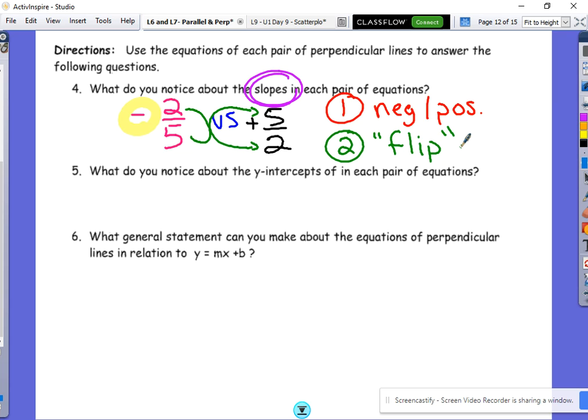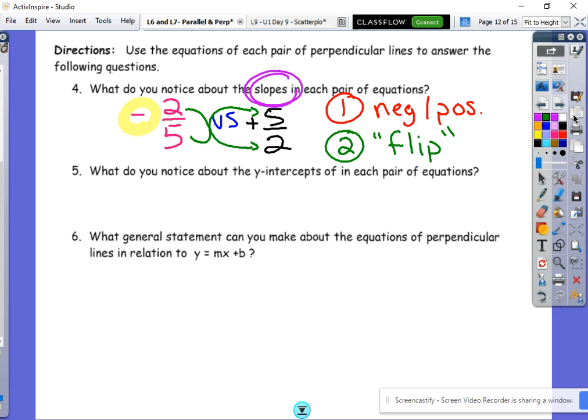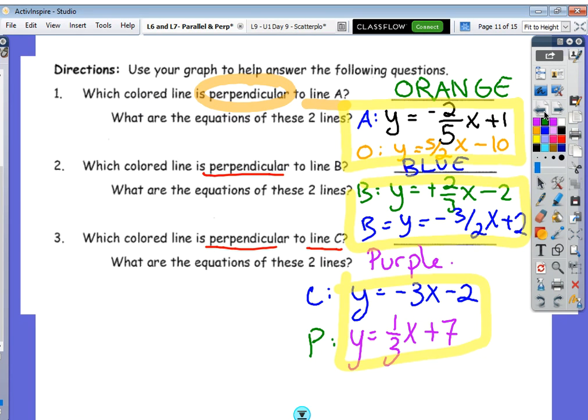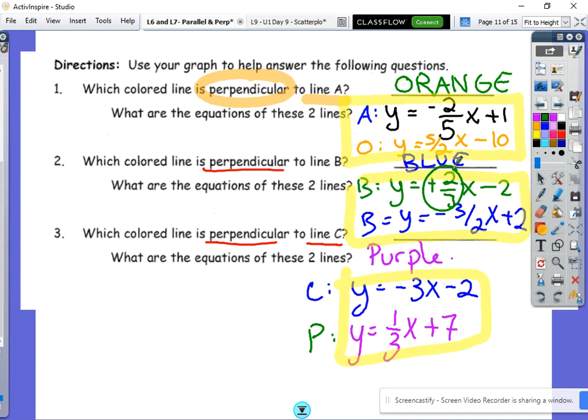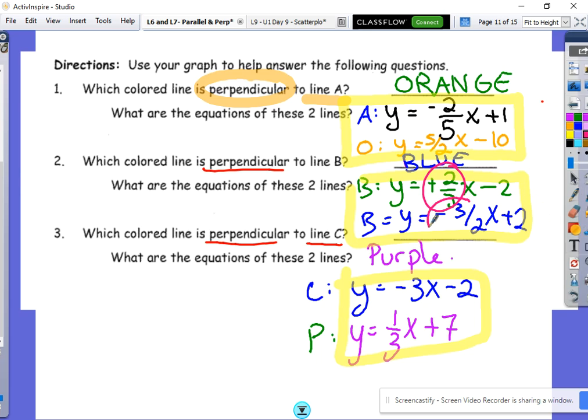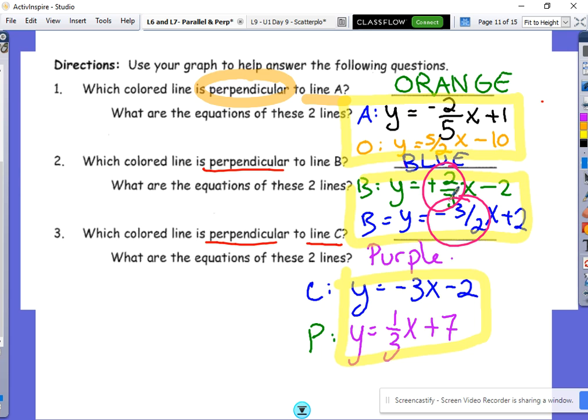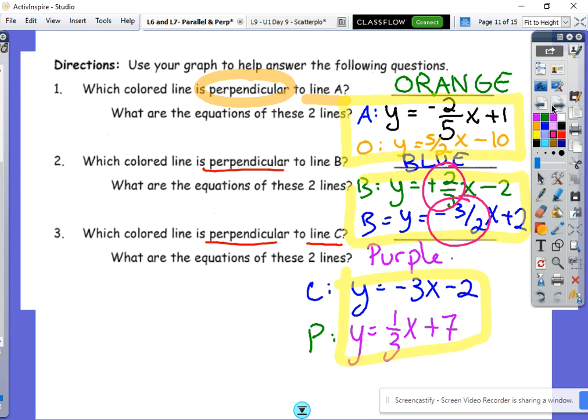So that's our two observations. That happens again and again. We can look back here again. Positive 2/3 right there. That one's positive. Negative 3/2. That one's negative. And 2/3 flips to 3/2. So once again, they're opposite. One's positive, one's negative, and then their fraction flips. Same thing happens for our last pair.